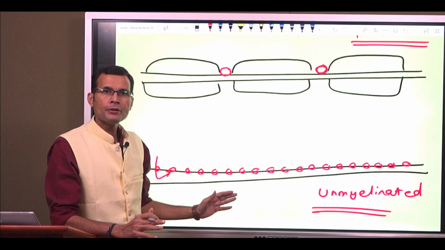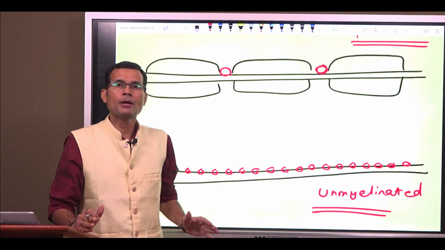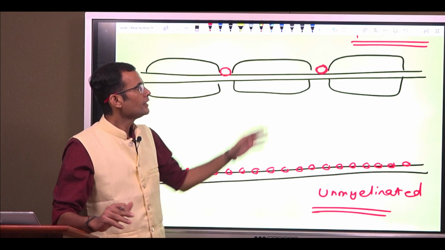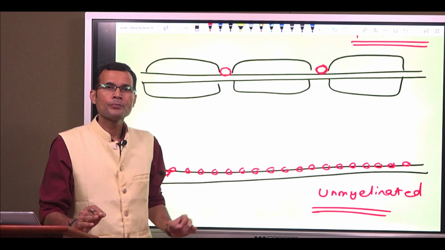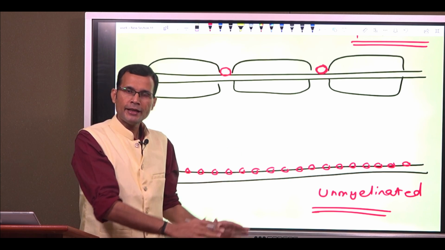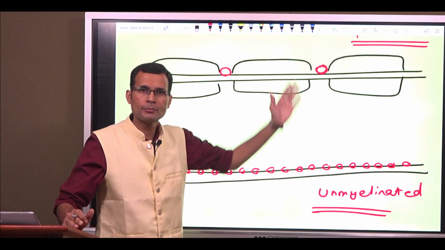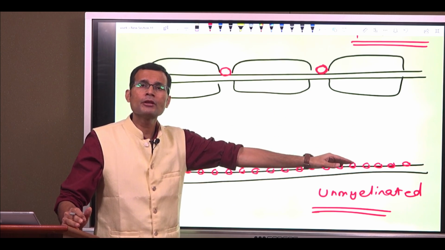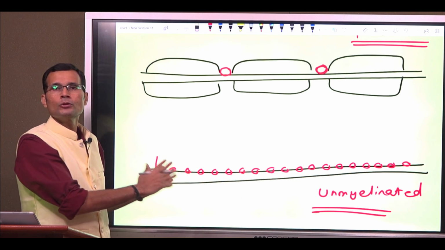The positive charges coming in from one point should reach that next point in substantial amounts, so that the next point automatically reaches threshold, excites, and generates the action potential. Positive charges would come in from that point, and they will travel to the next third point where the sodium channel is located.